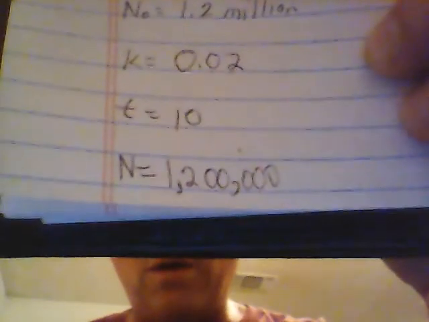So then I write the formula down. N, the future quantity, is equal to N sub 0. We said N sub 0, the current quantity, is 1.2 million, so I'm going to write that number out, and you're going to see it backwards: 1,200,000.